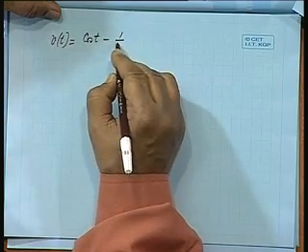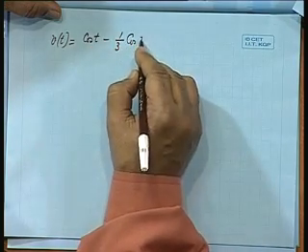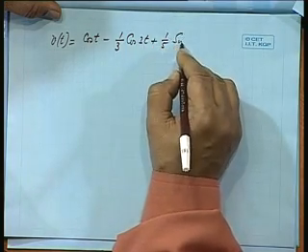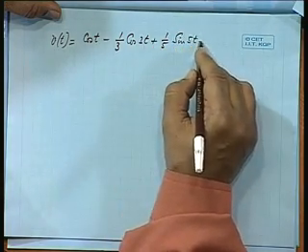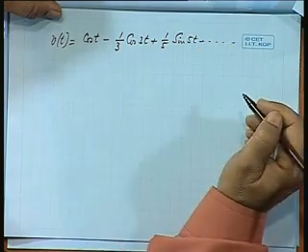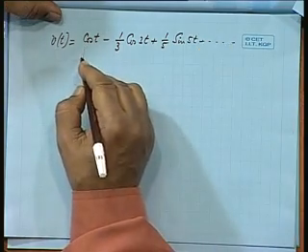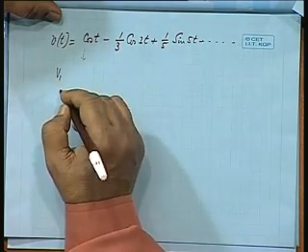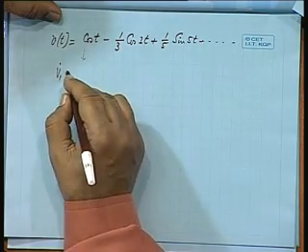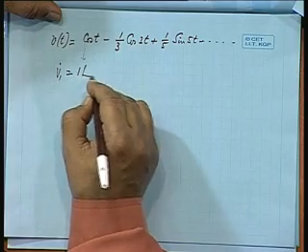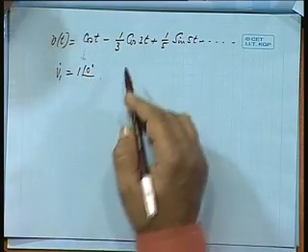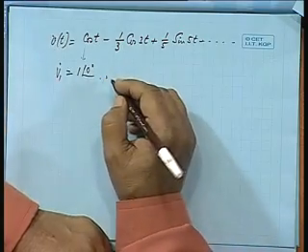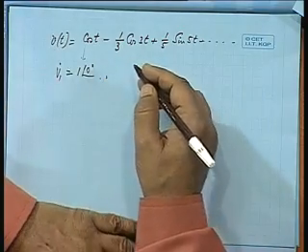So, let us take this very example. V(t) we can write as cosine t minus 1/3 cosine 3t plus 1 by 5 sin 5t and so on. Let us take the first voltage of magnitude V1, which will be 1.